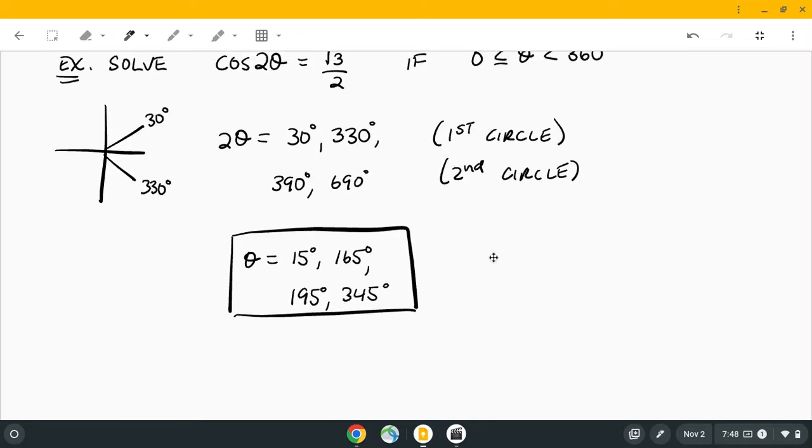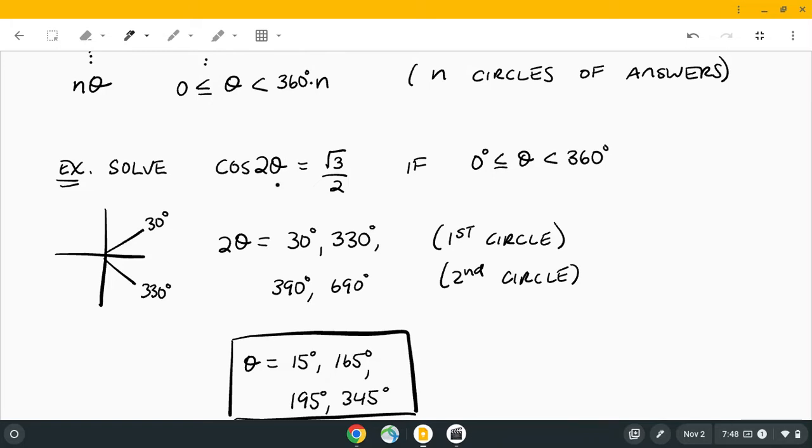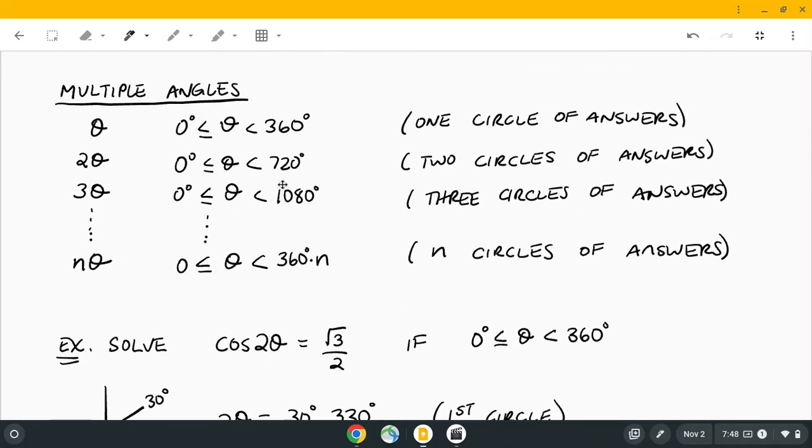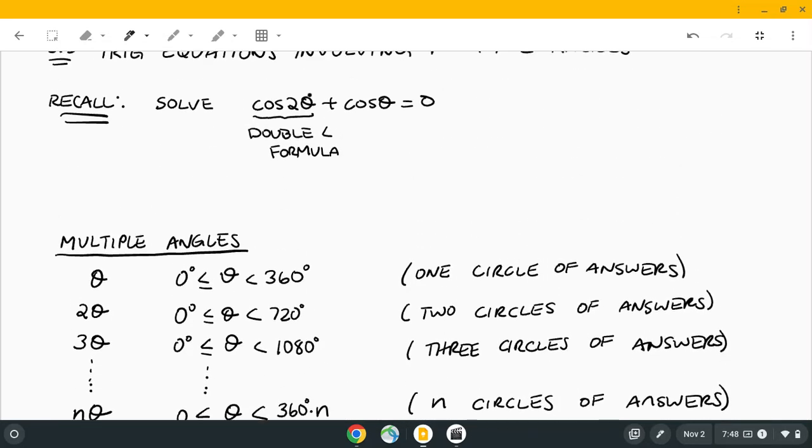Let's try another one. The difference between this problem and the problem that we did before that had a cosine 2 theta is that we used a double angle formula there. The reason is that we had 2 different angles for cosine, one that's just theta and one that's 2 theta. Using the double angle formula gets us down to just a cosine theta that we can work with in the equation instead of these 2 different ones.